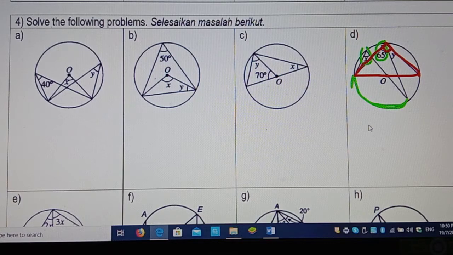So Y equals 90 minus 65. So you will get 25. This is how we solve one of the examples.